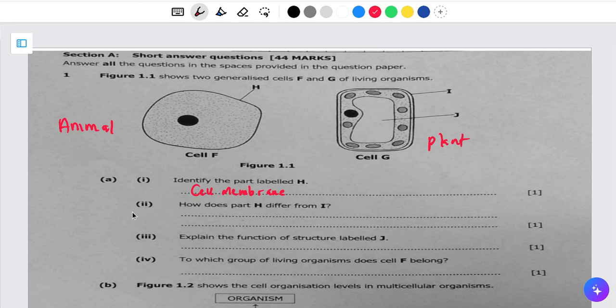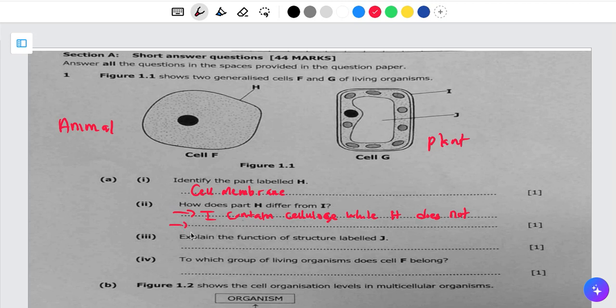Then as for question Roman number 2, how does part H differ from I? Part H differs from I in that I contains cellulose, while H does not.